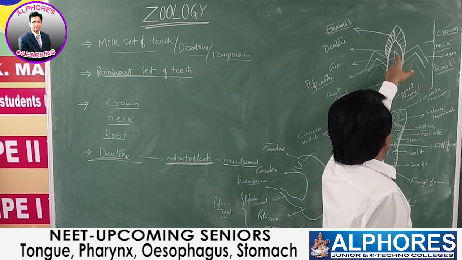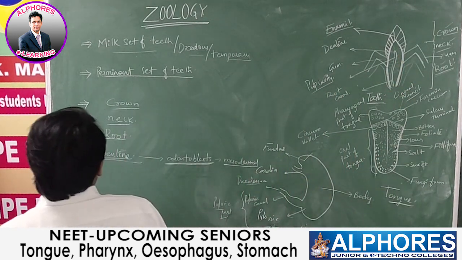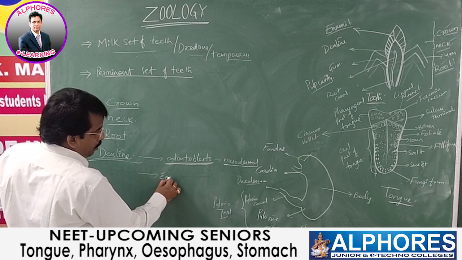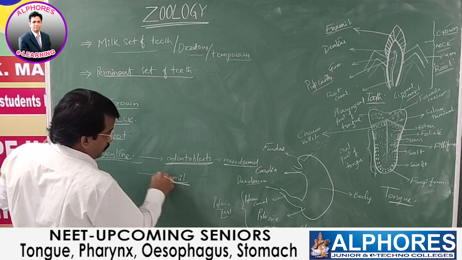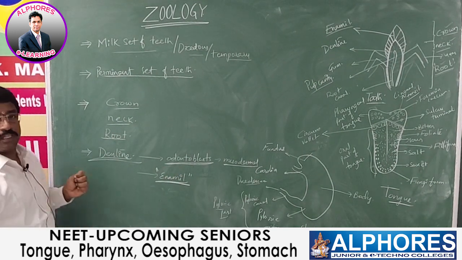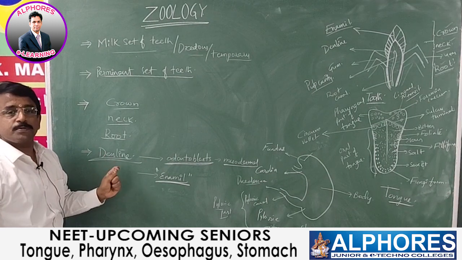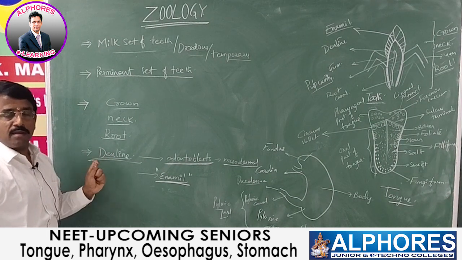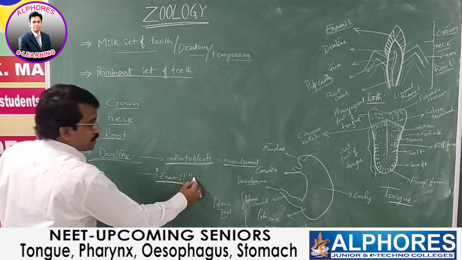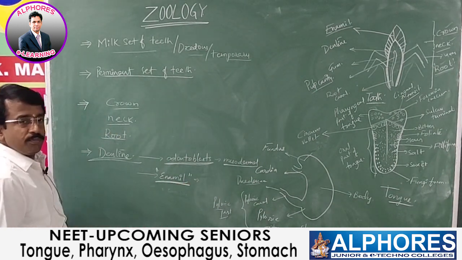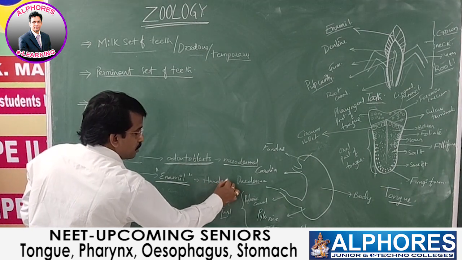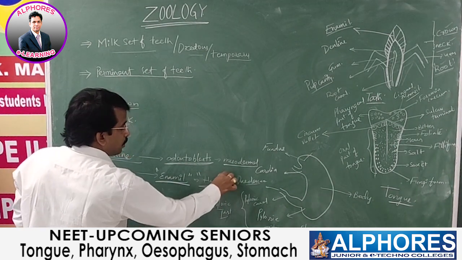The crown part of the dentine is covered by a substance named enamel. Enamel is a white colored, hardest substance. In human beings, the hardest part is none other than the enamel.